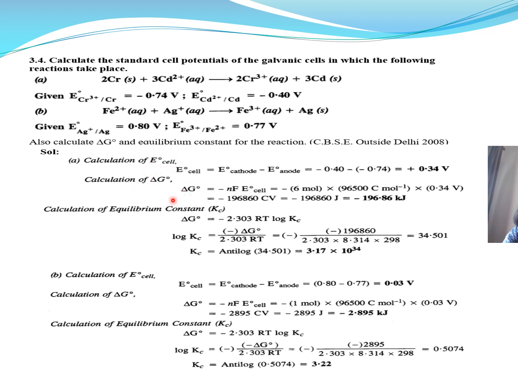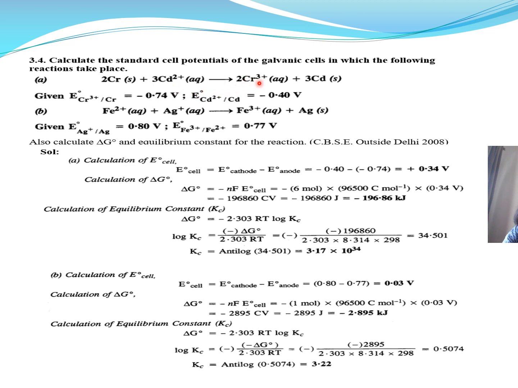Now we have to calculate ΔG°. The ΔG° formula is −nFE°. What is n? The number of electrons transferred. So 2Cr is changing to 2Cr³⁺, so there is a change of +6 in oxidation state. From 0 it is changing to +6. That means there is a transfer of 6 electrons.